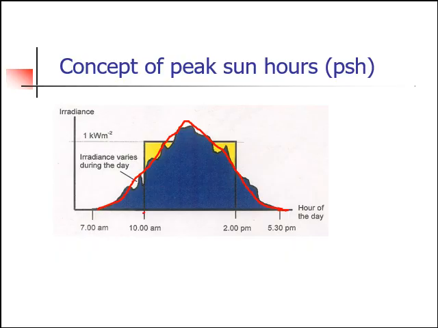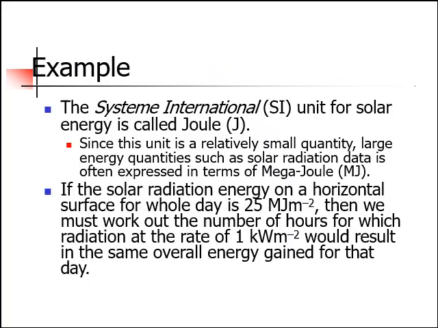Graphically, you can see between 10 a.m. to 2 p.m. we try to draw a block of 1 kilowatt per meter square, and then we normalize this extra amount into it, and we can get 4 hours of PSH.